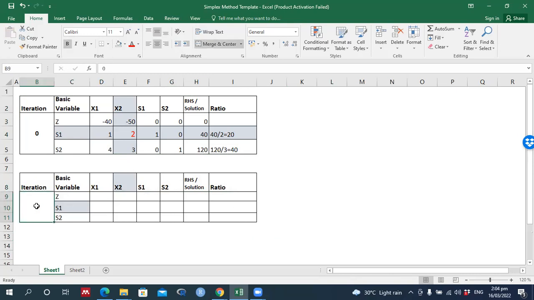When we come to iteration 1, the variable on the pivot column will now move to replace the S1 value here. So this becomes the entering variable and S1 becomes the leaving variable.